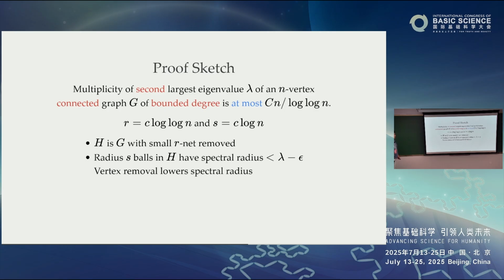I'm not going into detail here, but assuming these two, we can now bound the multiplicity of lambda in H via a moment argument. Here is how it goes. Let's look at the multiplicity of lambda in the graph H, and multiply this quantity by lambda to the 2s.